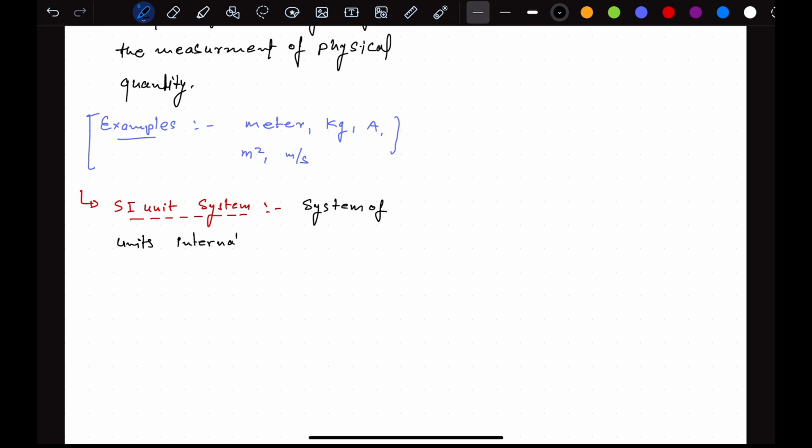So like the length is measured in meters, mass is measured in kilograms, and time is measured in seconds. Although there are other kinds of unit systems as well, and there the length is measured in centimeter, mass is measured in grams. So all other kinds of unit systems we will discuss once we complete the units.